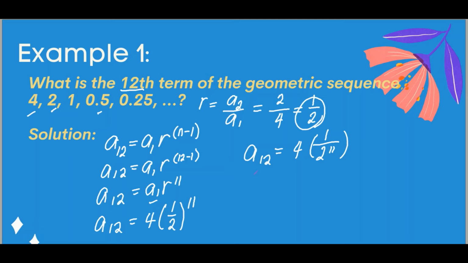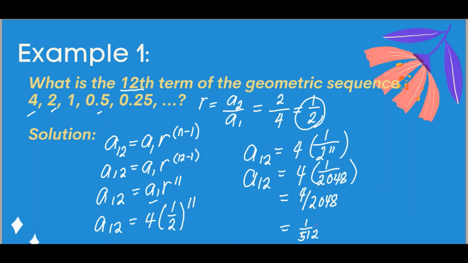So, a sub 12 is equal to 4 and then 2 to the power of 11 is 2048. So, that will be 4 over 2048. And the final answer is 1 over 512.